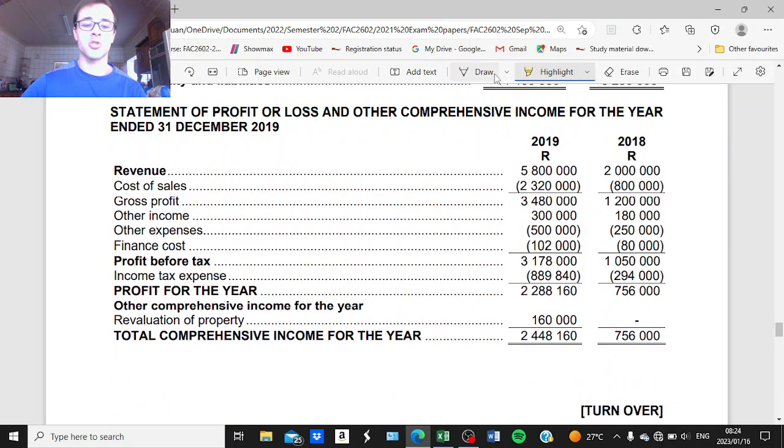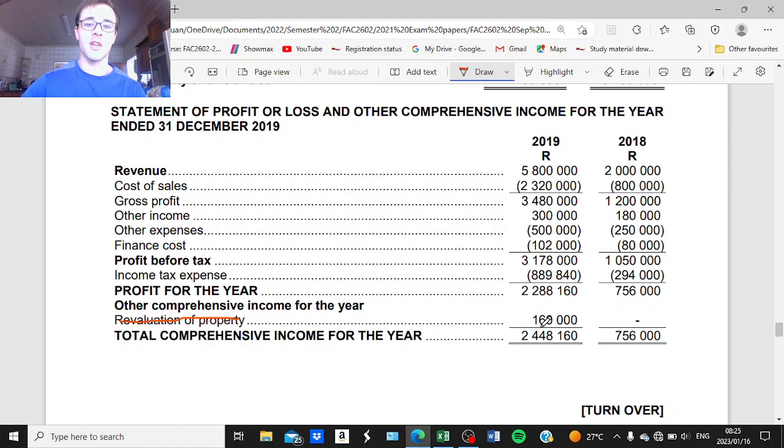And in this extract, they have provided the revaluation of property amount for the current financial year, amounting to 160,000. So we know that the journal entry in terms of this adjustment was that land and buildings was debited by 160,000 and revaluation surplus, which forms part of equity, was credited by the same amount.